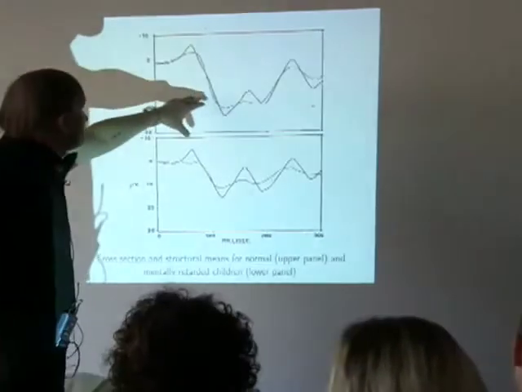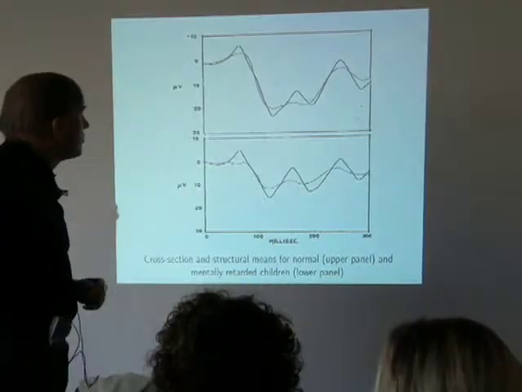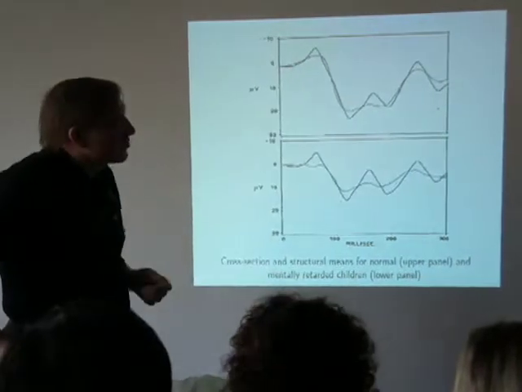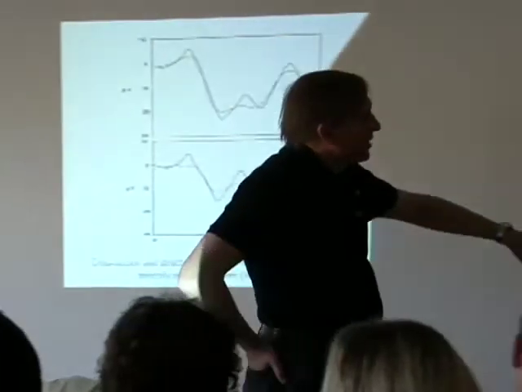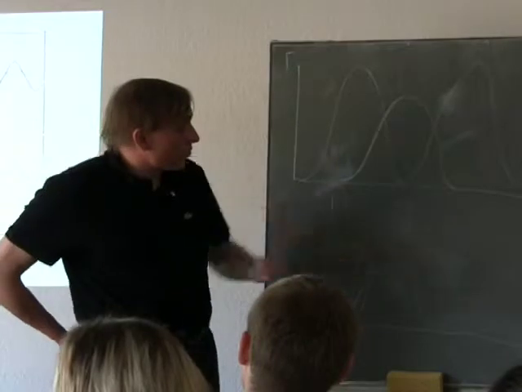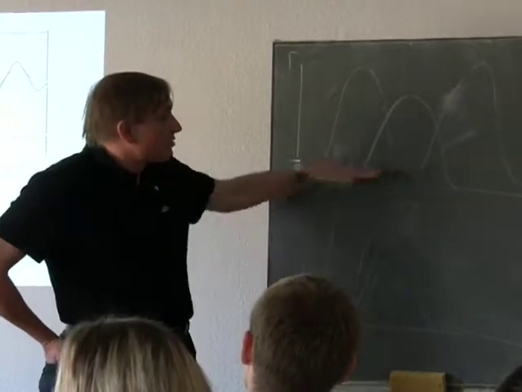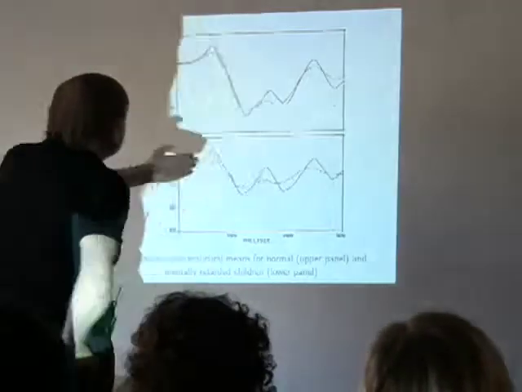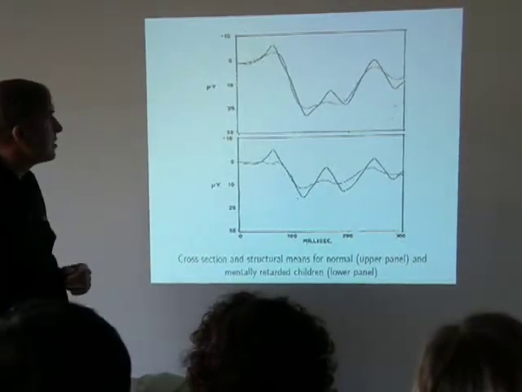So this thing doesn't really show much structure anymore. Whereas these are the means of curves after you have registered the curves. That means you have tried to eliminate this phase variation. And there you see much more of this typical structure.